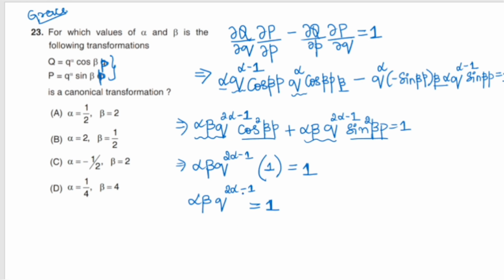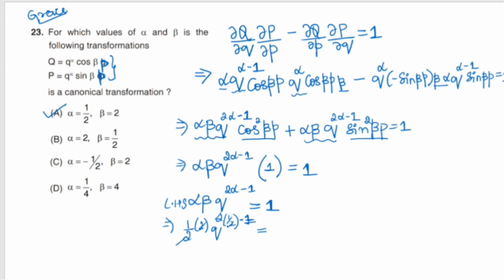So start with the first option. Keep the alpha value as half and beta value 2. Our LHS should be equal to RHS. Let us take the first option and check. Keep the alpha value half and beta value 2, and the q power with alpha as half, so 2 alpha minus 1 is minus 1... we are considering the LHS. It will be 2 alpha minus 1, which is equal to half, the half gets canceled, here also the half gets canceled.